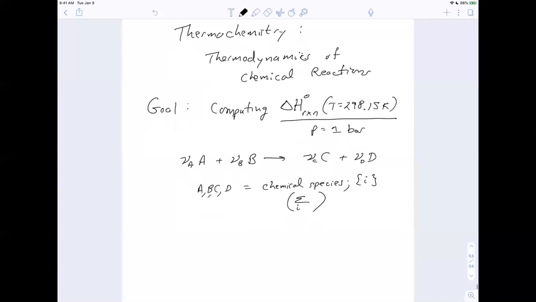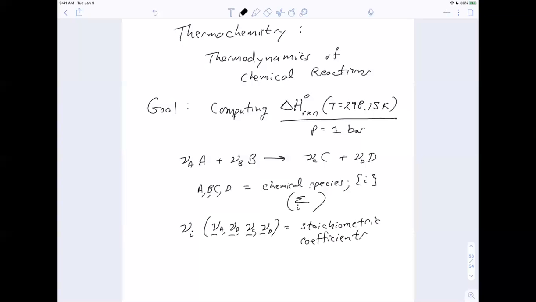And then the nu sub i's, for this first time, this would be nu sub A, nu sub B, nu sub C, and nu sub D. This is the Greek letter nu. These are the stoichiometric coefficients that you all are familiar with.